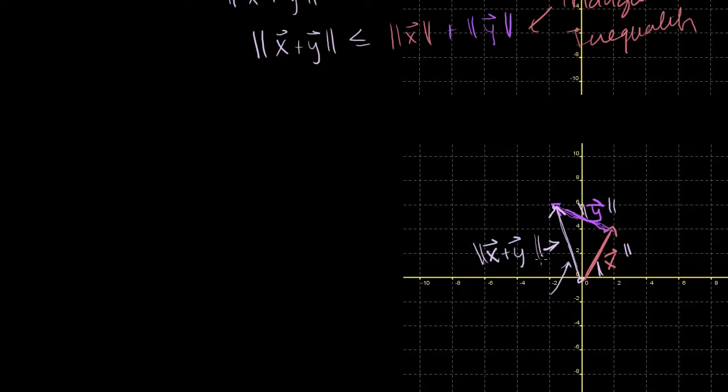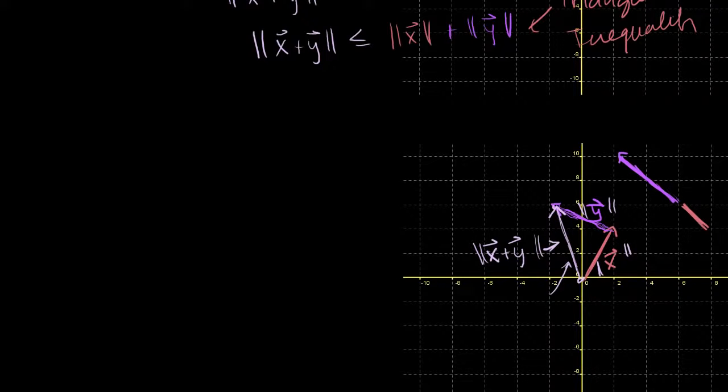And then what's the case in which this length is equal to these lengths? Well, if you keep flattening this triangle out and you go to the extreme case where maybe the vector x looks like this, and the vector y is going in the exact same direction, maybe a little bit further, right?